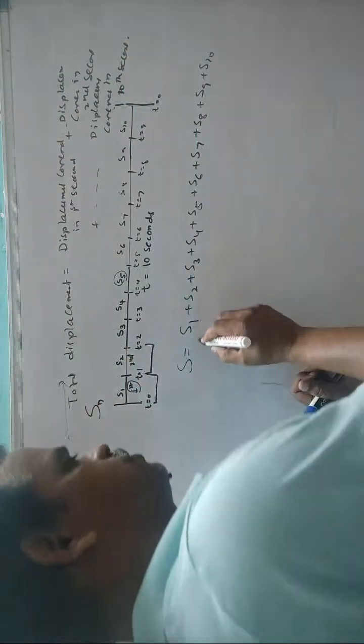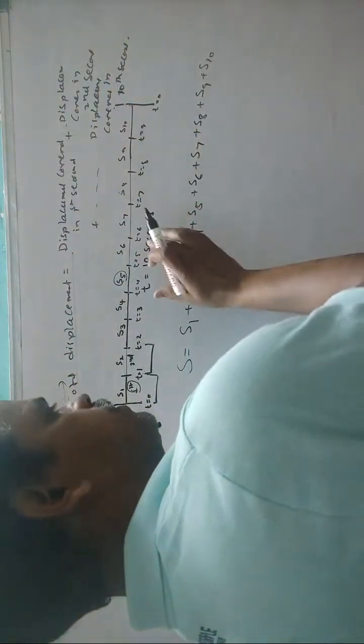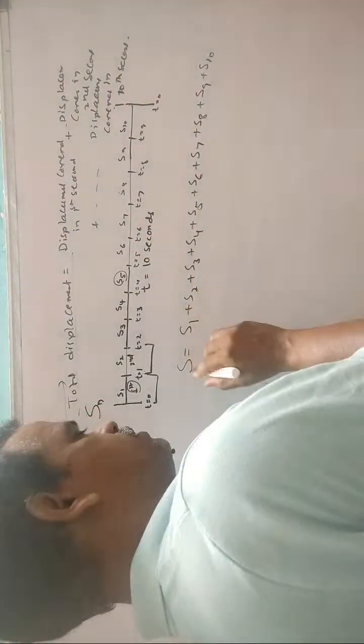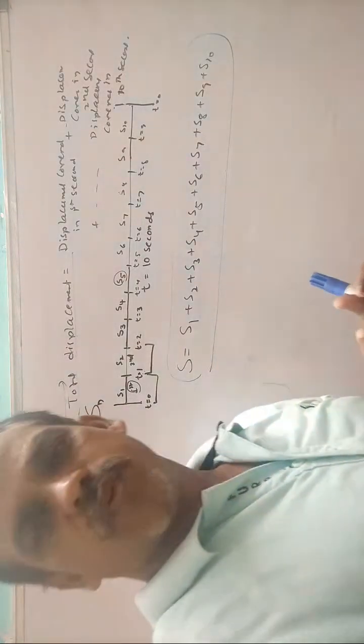So that is equal to S1 plus S2 and so on. You have to first write these, then draw this figure, then finally write this one. So total displacement. Simple.